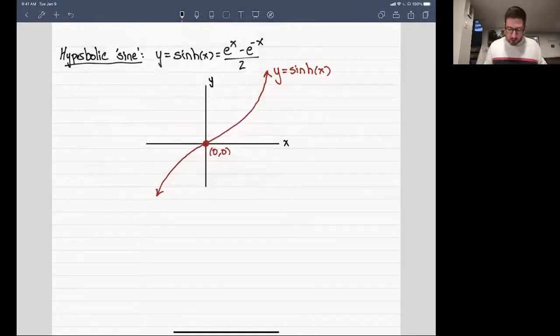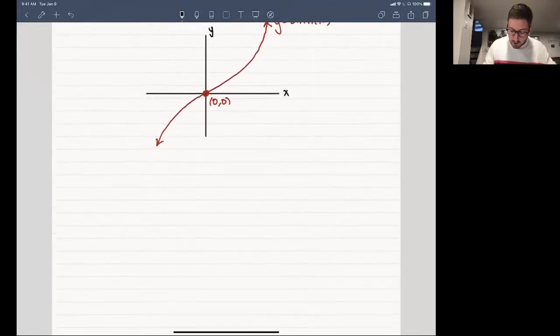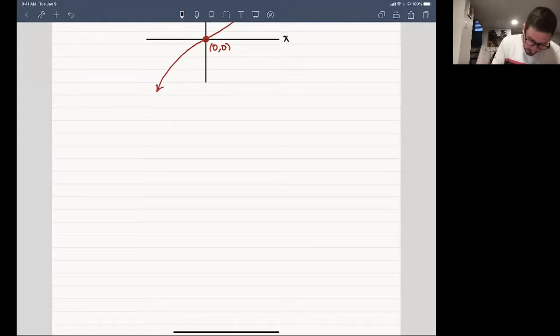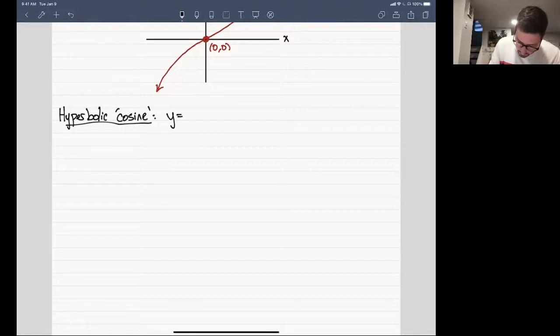Now, since we've defined the analog of the sine function, let's think about the cosine function as well. So let's say the hyperbolic, and I'll put it in quotes again, cosine. Well, again, we have a nice symbol for this, c-o-s-h.